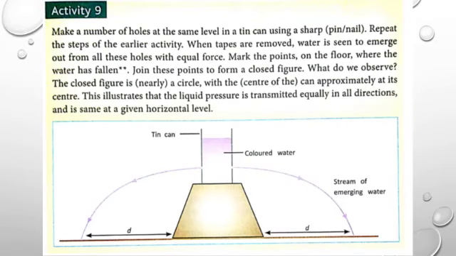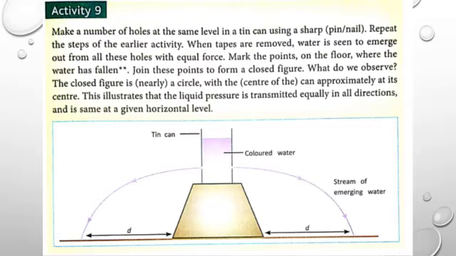We can prove another property of liquid pressure, that liquid pressure is transmitted equally in all directions and is the same at a given horizontal level. For this, Activity 9 is given in your book. In this activity, what is done?